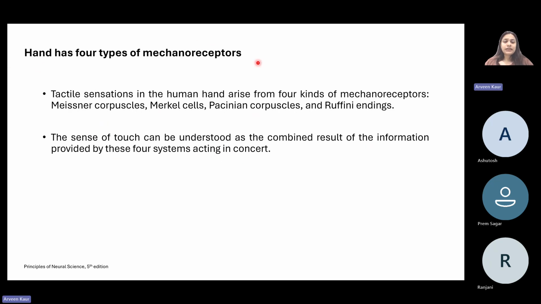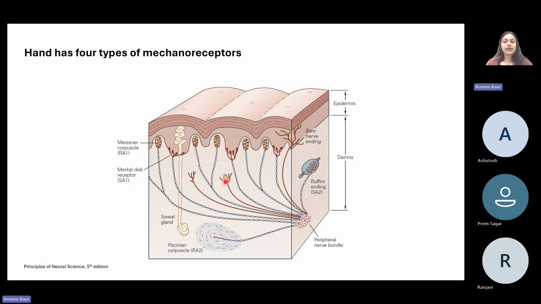So the hand has four types of mechanoreceptors. These are Meissner corpuscles, Merkel cells, Pacinian corpuscles, Ruffini endings, right? The sense of touch can be understood as combined result of information provided by these four acting in concert, right? So together they act, and that is how we feel the touch.